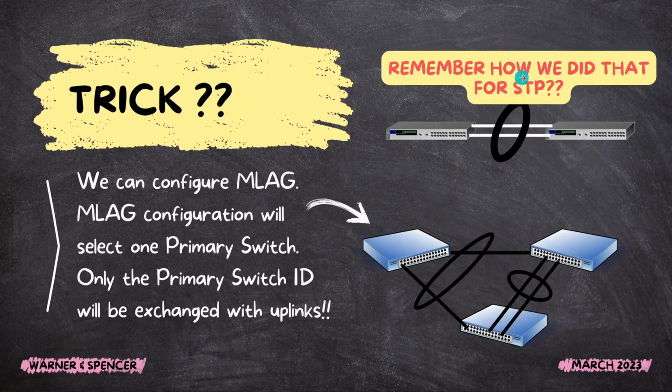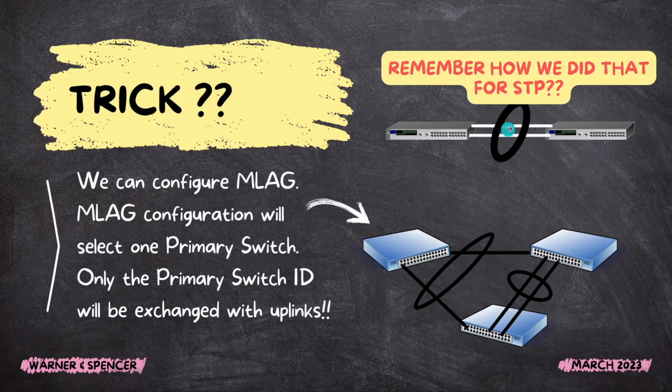That way we tricked the STP to treat both of these ports as the same port, and then STP will not come to know that this is a loop. Otherwise, it would have detected that these two links are forming a loop, and one of these links would have been blocked. So that way we have tricked the STP.